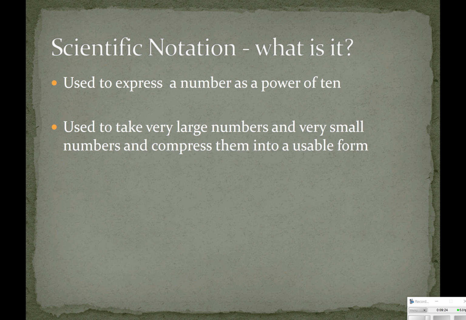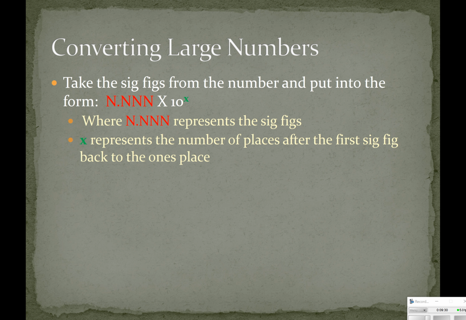And it puts those really large and really small numbers into a usable form by compressing them, instead of having to write out something like 1 billion. That's a lot of zeros. I don't really want to write all those zeros. So we use scientific notation. It's much easier, less writing, cleaner to use, especially when using it in calculations.